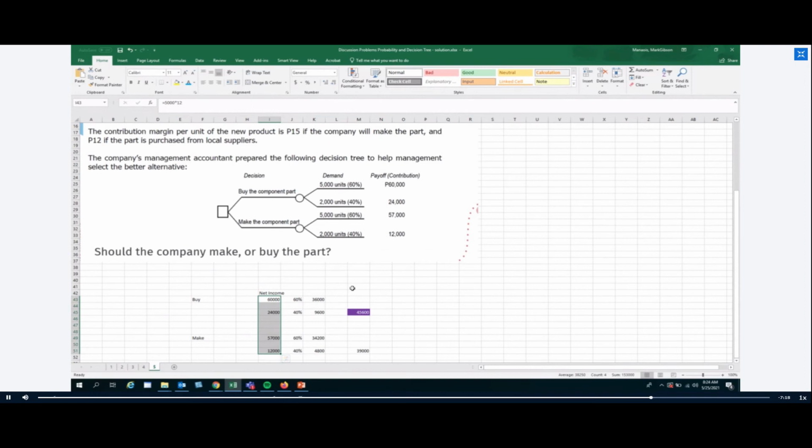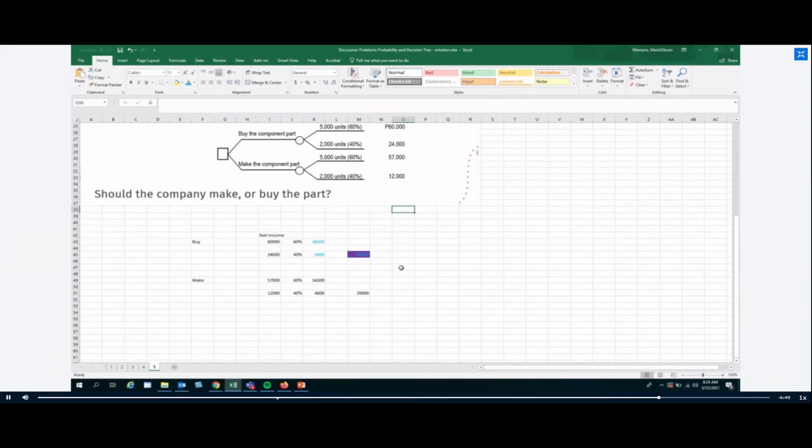Okay. Of course, next we'll compute the expected value. Paano yun? So the values, or the net income or contribution, multiplied by the probability. So 60,000 multiplied by 60%, so that's 36,000. 24,000 multiplied by 40%, so that's 9,600. So we get the sum of the two, so that's 45,600.